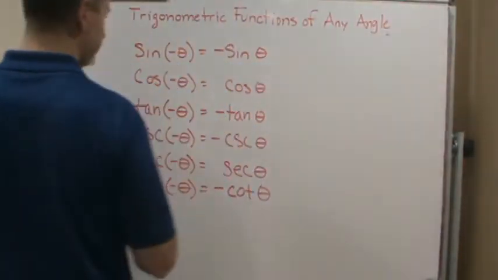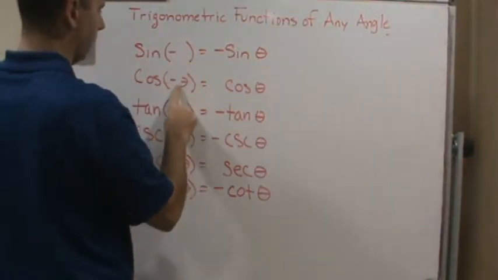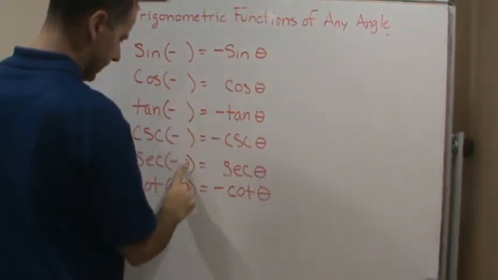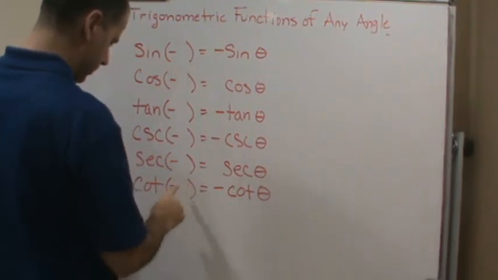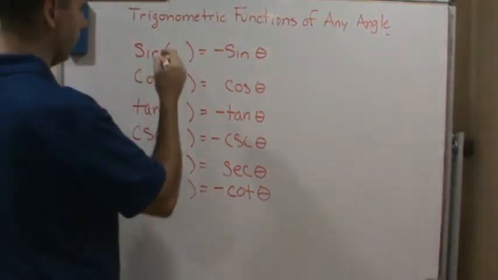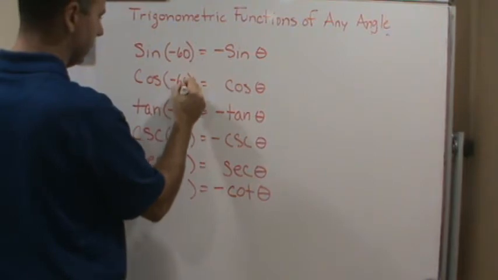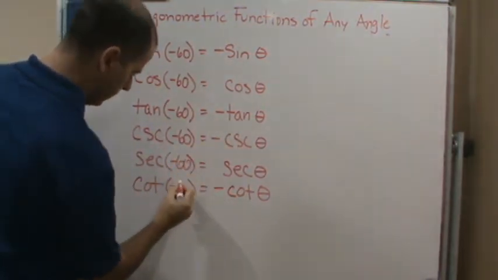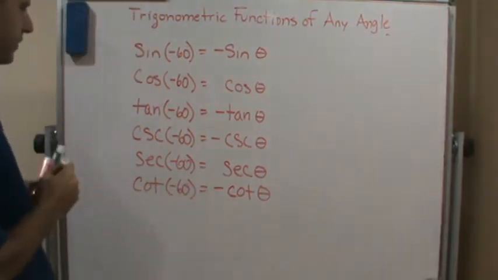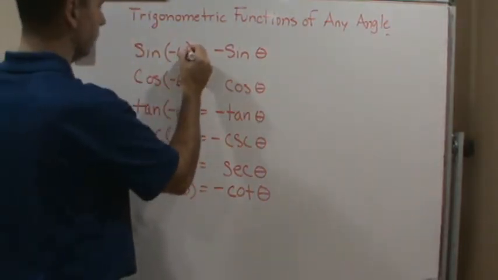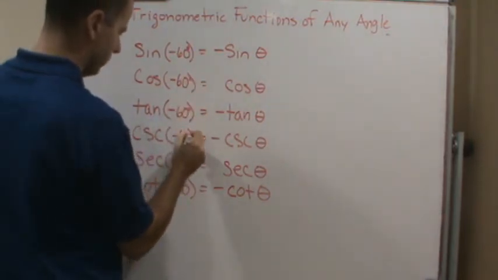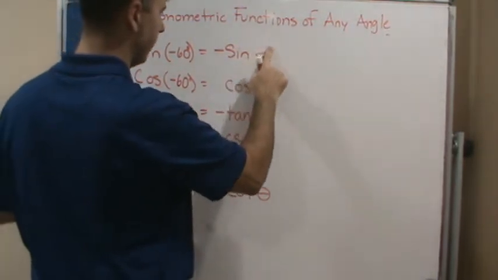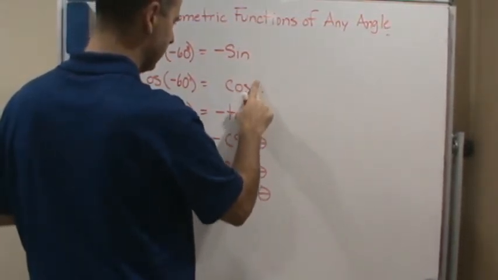So for example, if I replace theta with an angle, let's say 60 degrees, I just replace everything with negative 60 degrees, right? So all of these thetas are going to be 60.